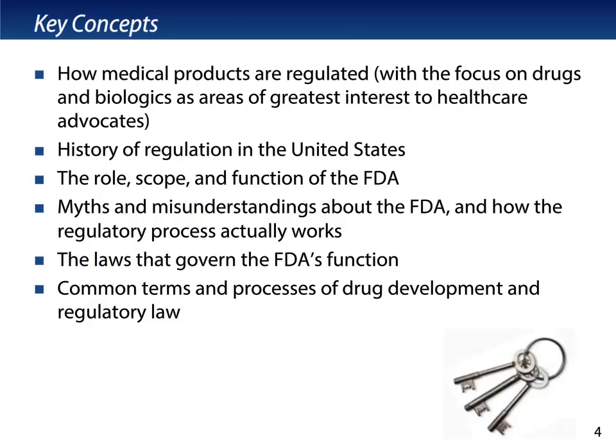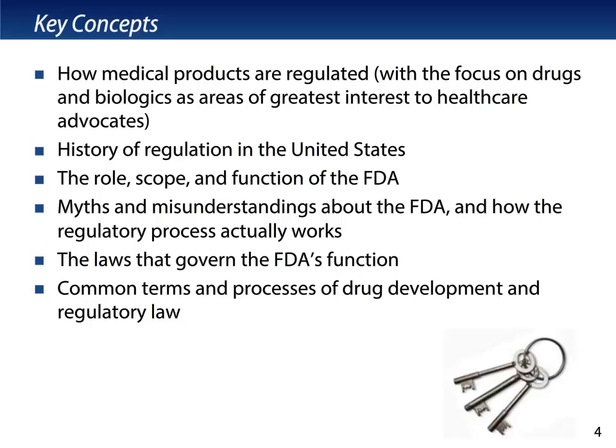To briefly review, in this module we've discussed a number of key concepts. We've looked at how medical products are regulated, with a focus on drugs and biologics. After a review of the history of regulation in the United States and the laws that govern the regulation of medical products, we examined the role, scope, and function of the FDA.